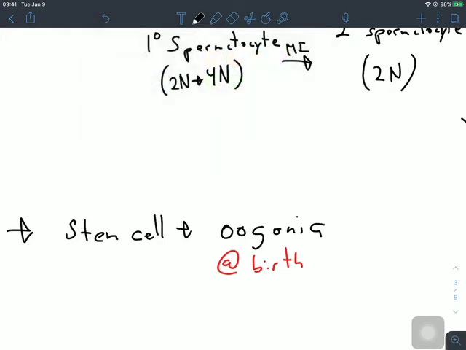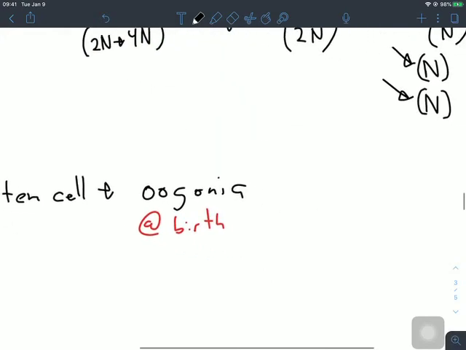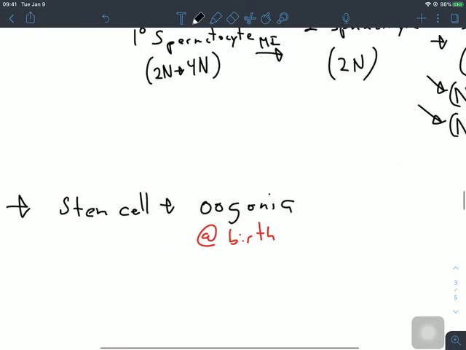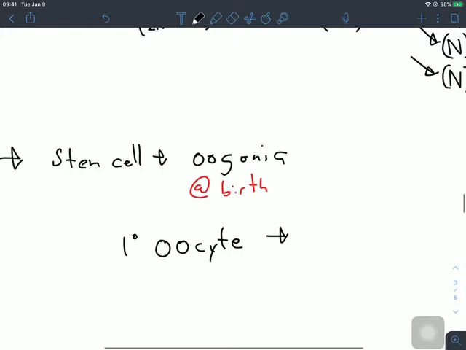The oogonia will then, of course, just like in spermatogenesis, begin the process of meiosis. The first outcome here is our primary oocyte. Our primary oocyte will shoot off a polar body.